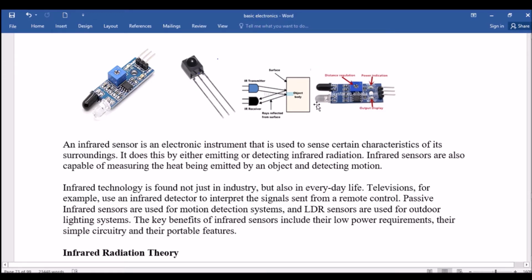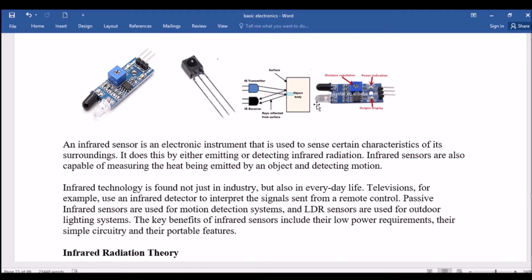In summary, we told you that infrared sensors are not only used in industry but also domestically. We can use them, like the one used to connect a remote control with a television, or the one used for controlling, for example, an air conditioner.